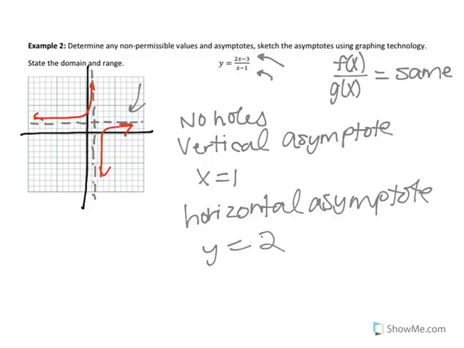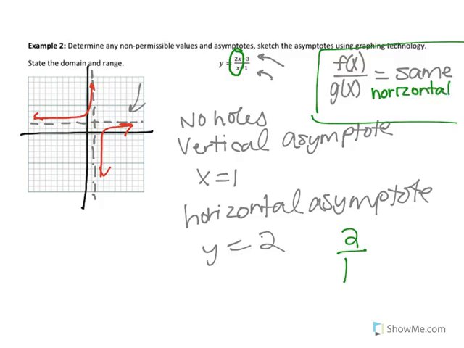The reason why is if I look at the leading coefficients of these two, I have 2 for my leading coefficient on the top and 1 for my leading coefficient on the bottom. So if f of x and g of x have the same degree, you're going to have a horizontal asymptote at the ratio of the leading coefficients.